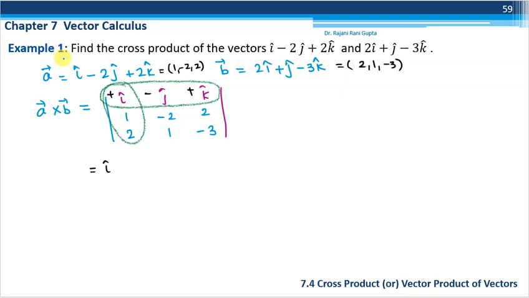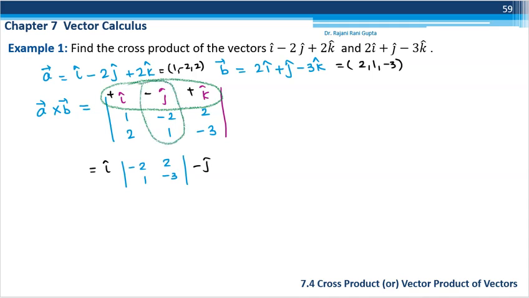So you are left with the determinant of minus 2, 1, 2, minus 3. Then minus j. What you have here is the first row and the second column, giving you the numbers as 1, 2, 2, minus 3.